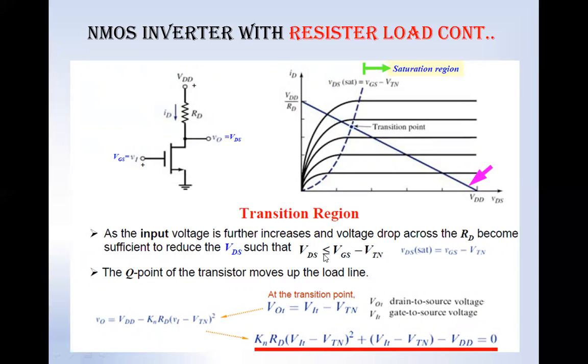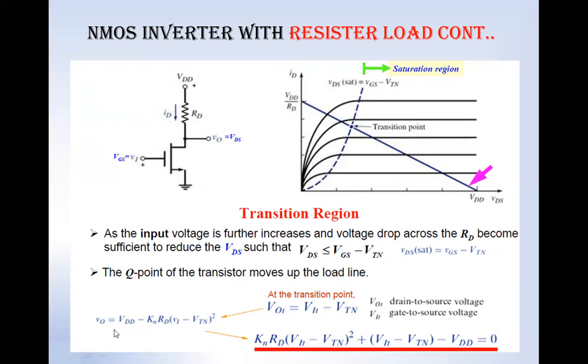Now in the transition, that is when VGS is exactly equal to Vtn, VDS sat is just equal to VGS minus Vtn. At that time, the transition, that is just near the pinch-off condition, my V0 is equal to VIT minus Vtn, where VIT is the input voltage at transition.